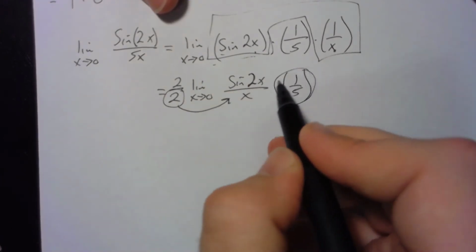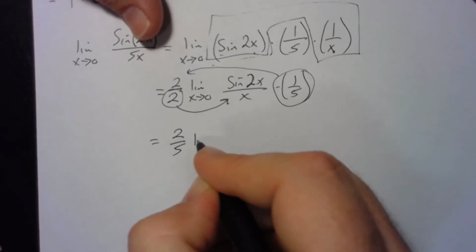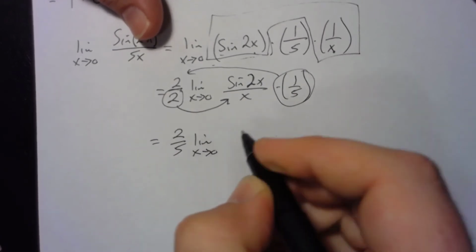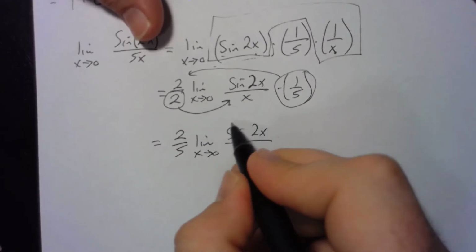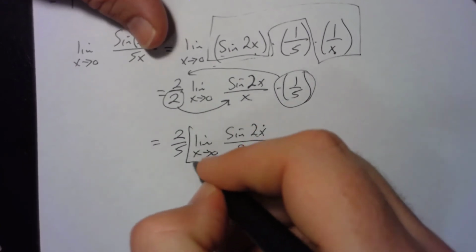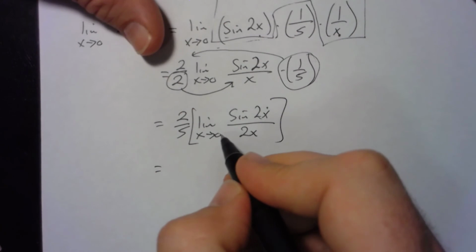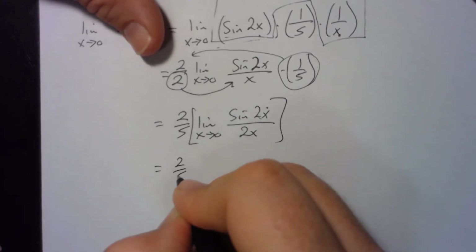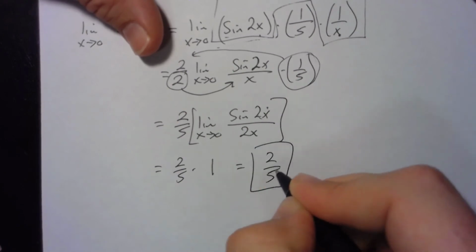I'm going to take this 1/5, pull it outside, giving me 2 over 5 times the limit as x goes to 0 of the sine of 2x divided by 2x, and because these two functions inside the sine and outside the sine in the denominator are exactly the same, the limit of the sine of something divided by something as x goes to 0 is going to be 2/5 times 1. And therefore this final limit is simply equal to 2/5.